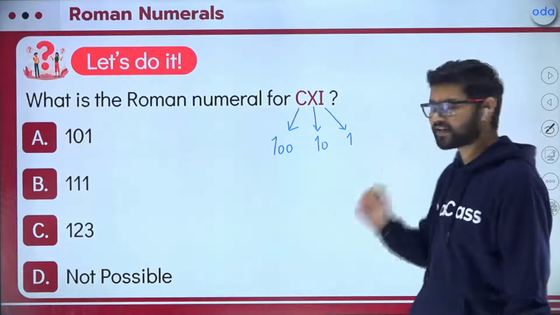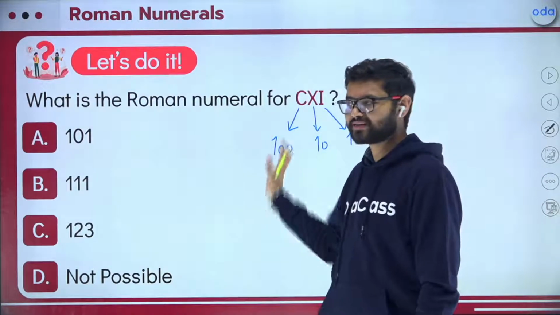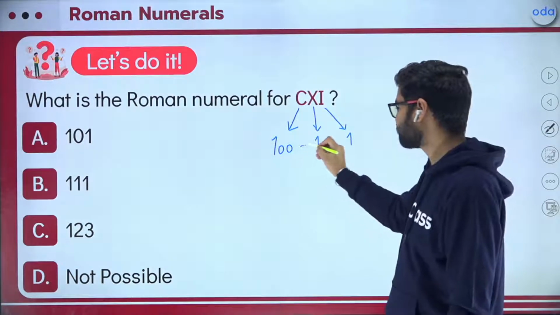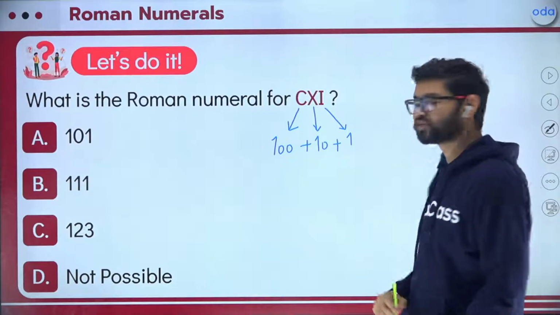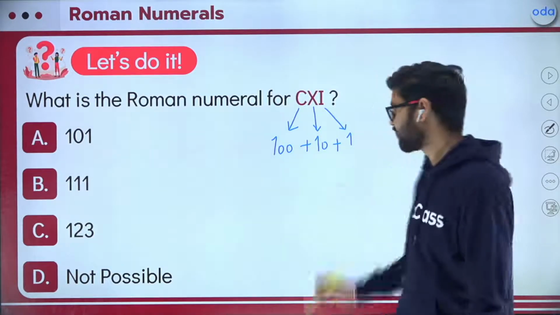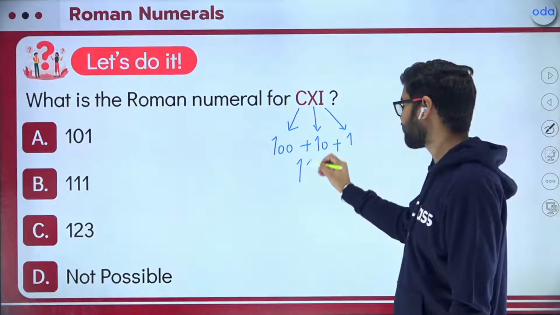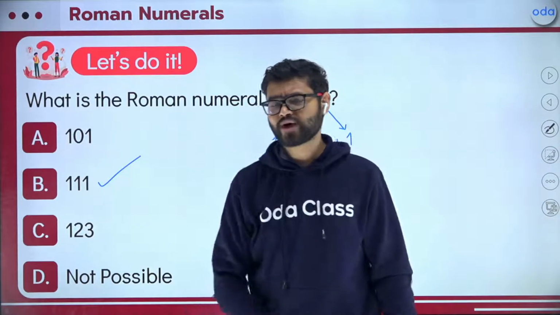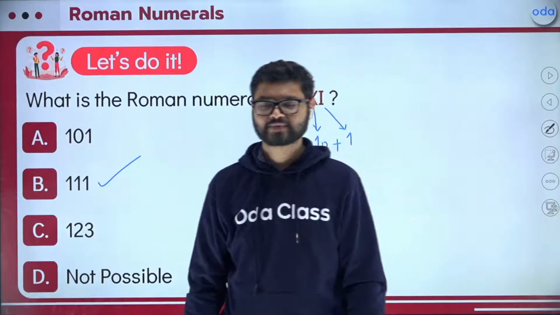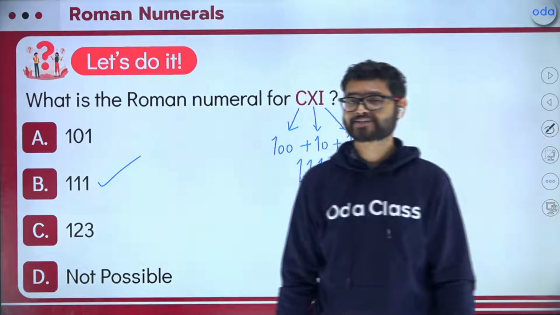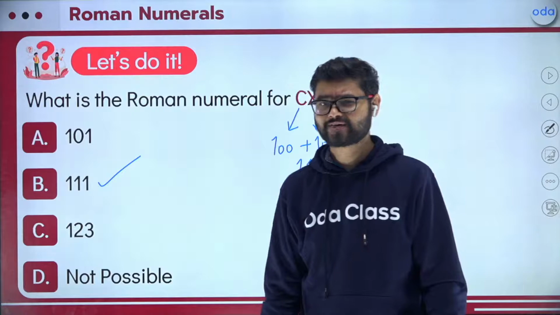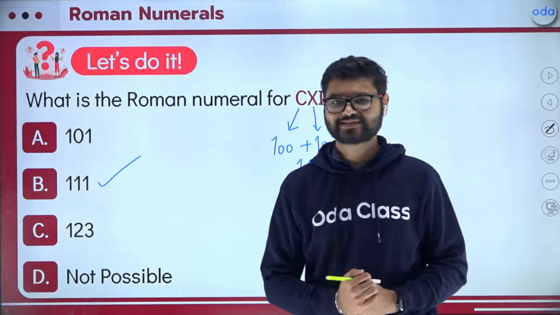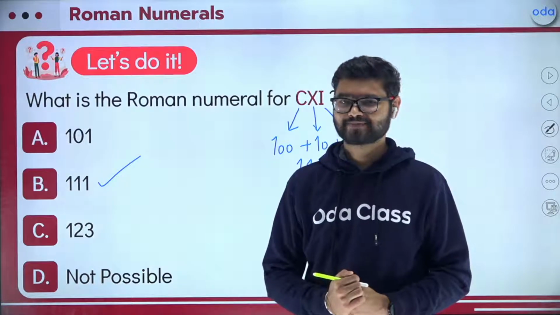You can see that the bigger value is on the left hand side, smaller value is on the right hand side, so we can simply do the addition. 100 plus 10 plus 1 is equal to 111. Option B is the answer. How many of you guys have got the same answer, 111? Almost all of you? Perfect. Very nice.